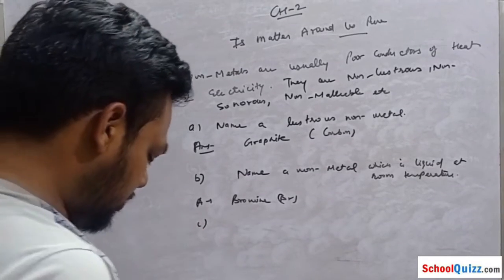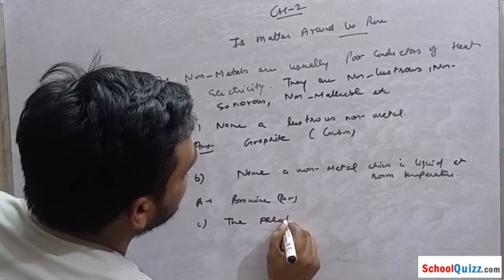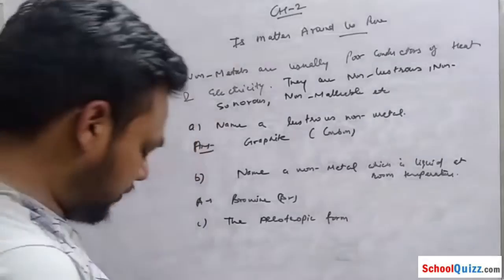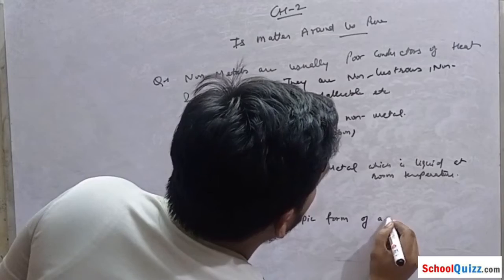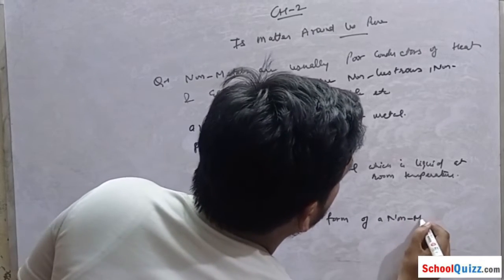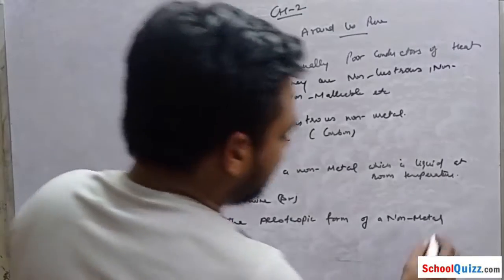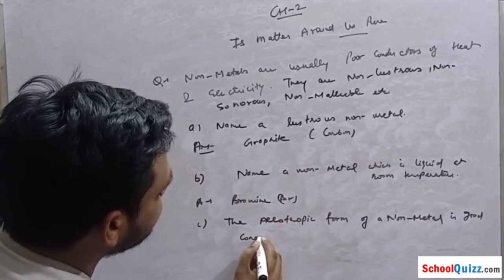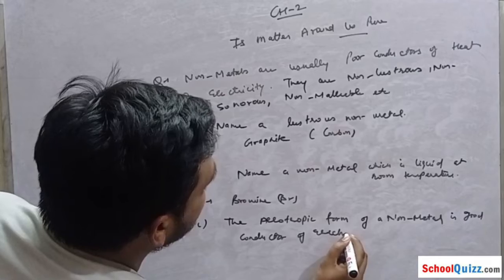Third one: the allotropic form of a non-metal is a good conductor of electricity.